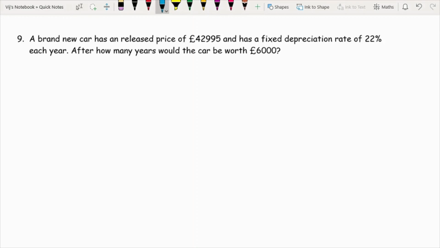The first thing you want to do is write this question out in some form of a calculation. We've got the initial price, which is 42,995, times the decimal multiplier after a 22% decrease, which would be 0.78, to the power of t, which I'm going to call t, and I want this to be worth £6,000.